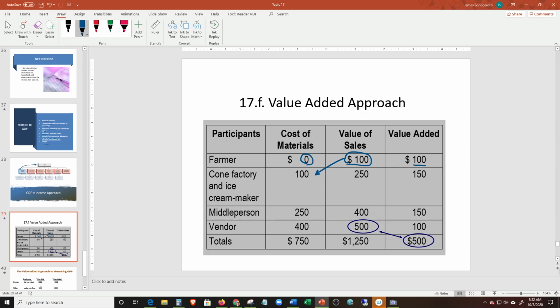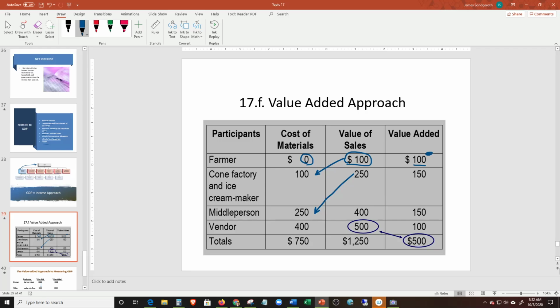And then, of course, the farmer has added $100. Now the cone factory takes the wheat and the milk and makes them into cones and ice cream, and sells this to some middle person, a wholesaler, for $250, okay?